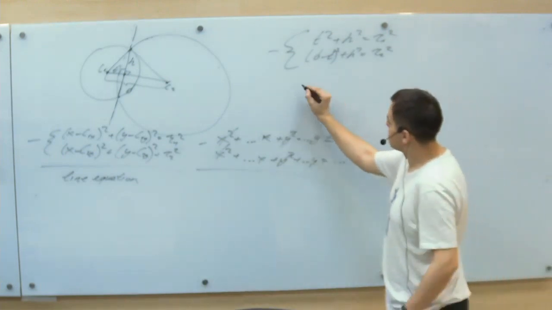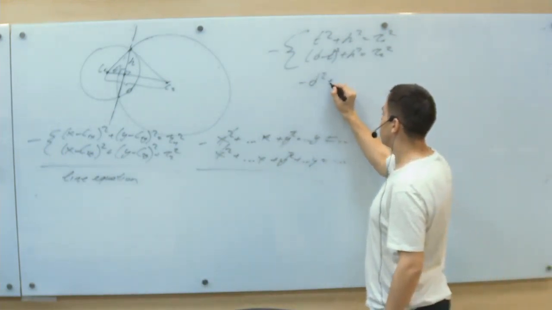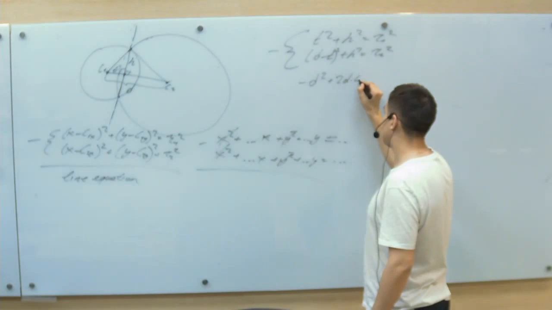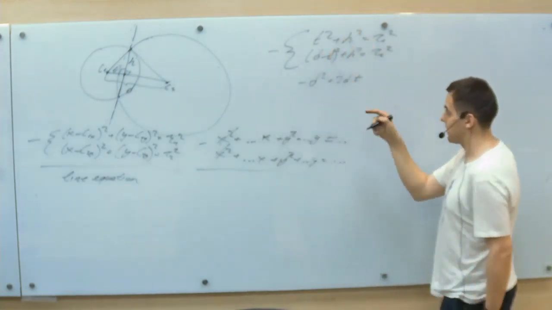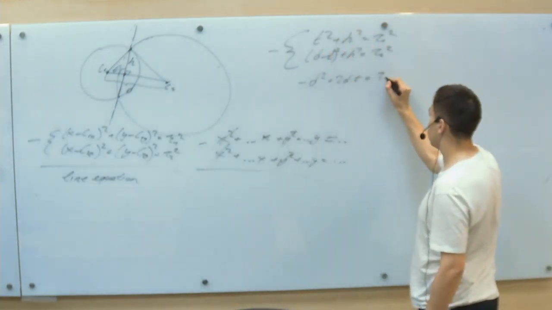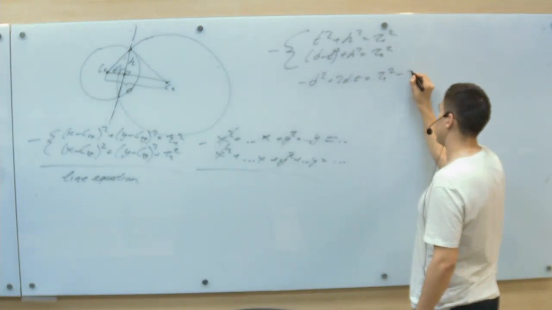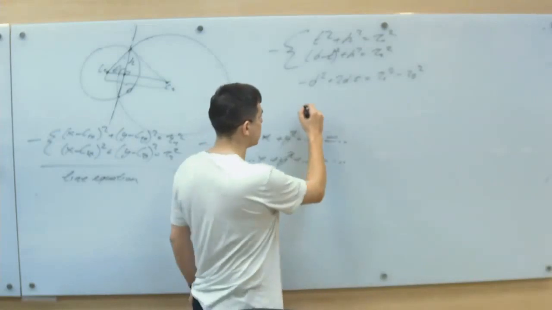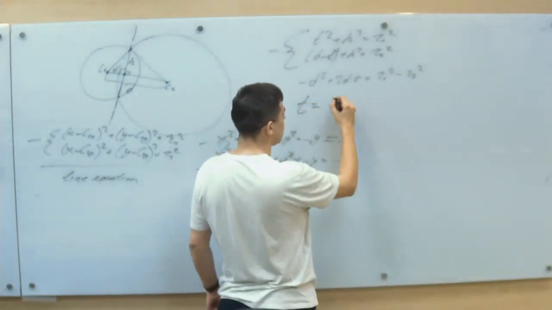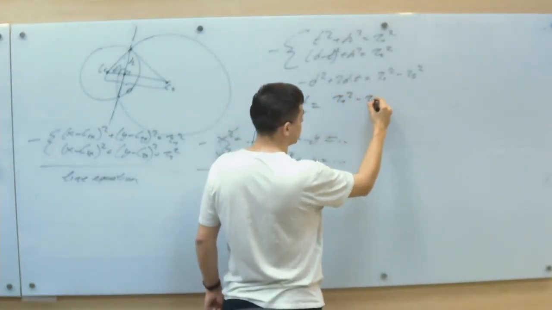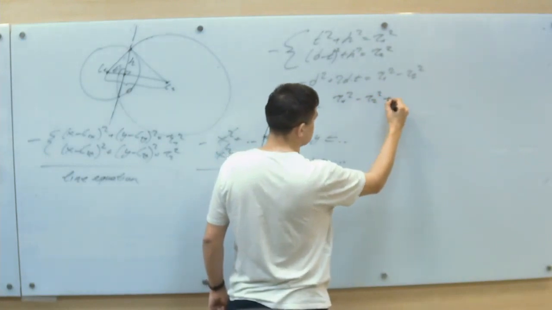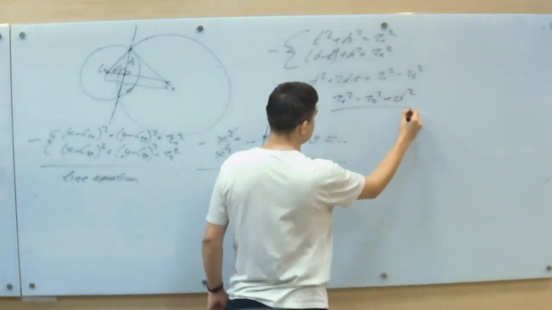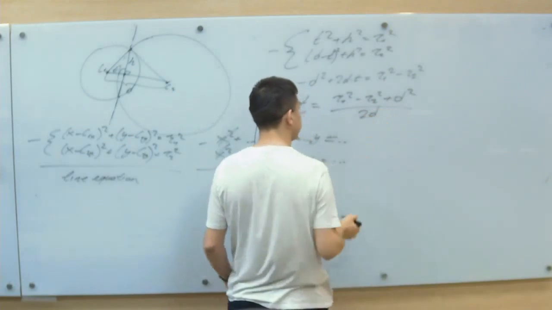We'll get minus d squared plus 2d times t. h squared cancels out, and we get r1 squared minus r2 squared. So t is (r1 squared minus r2 squared plus d squared) divided by 2d.